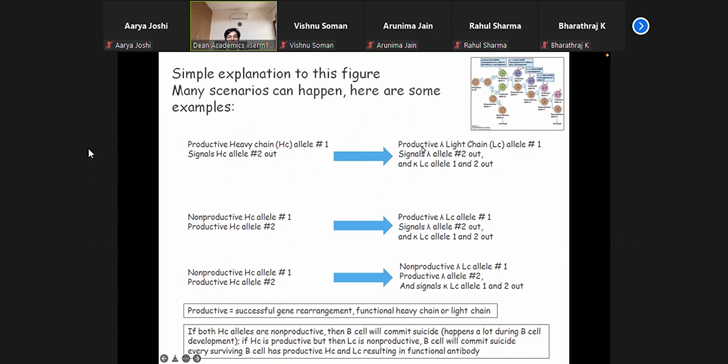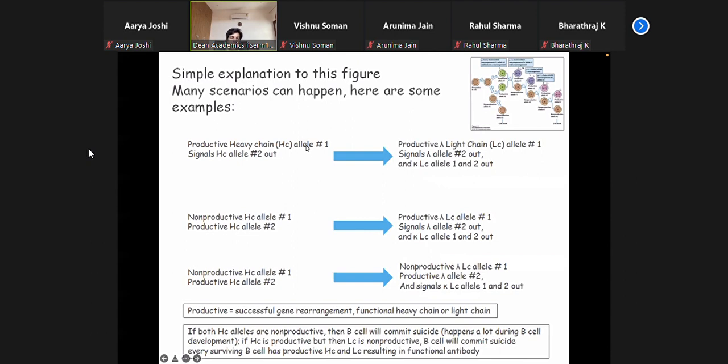And after this heavy chain, you start with this. Question? Anyone has a question? No. Okay. So once you are done, because you have gotten a productive rearrangement on the heavy chain allele.